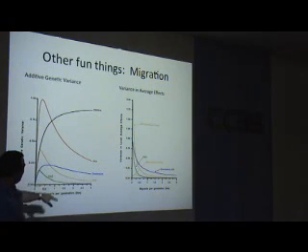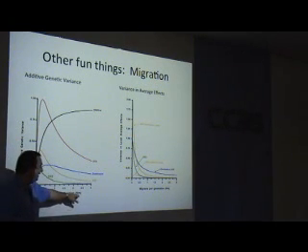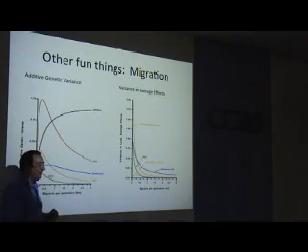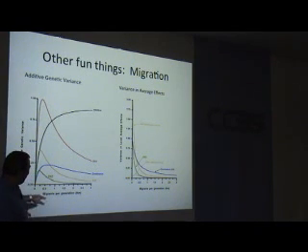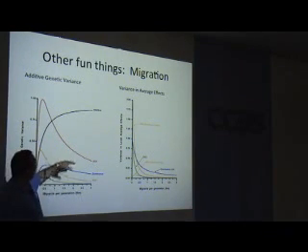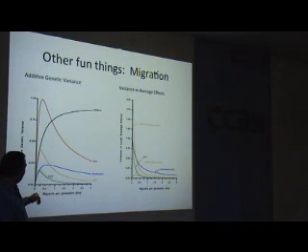What I did was I used N m to calculate the inbreeding coefficient, and then said this is the number of migrants per generation, and this is the additive genetic variance given additive, epistatic, or dominance.